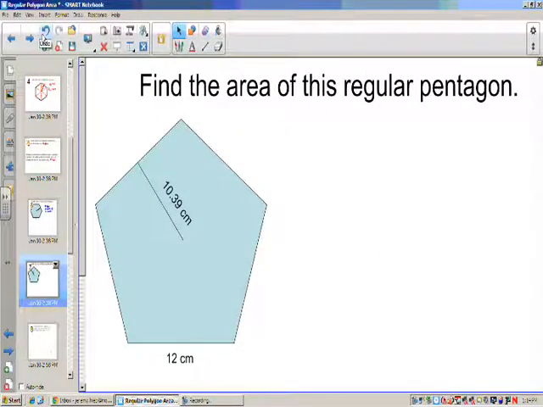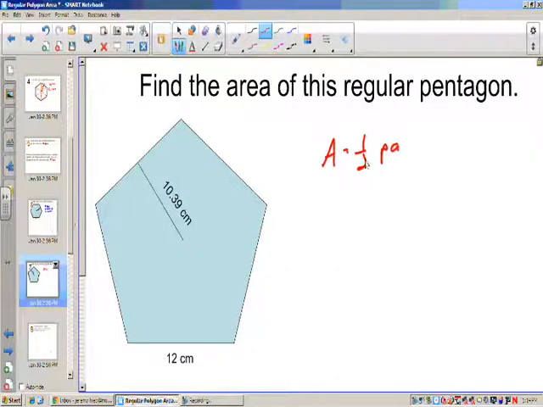Now let's find the area of this regular pentagon. So there are 5 sides, and we can do 1/2 perimeter times apothem. The perimeter is 12 times 5, which would be 60.